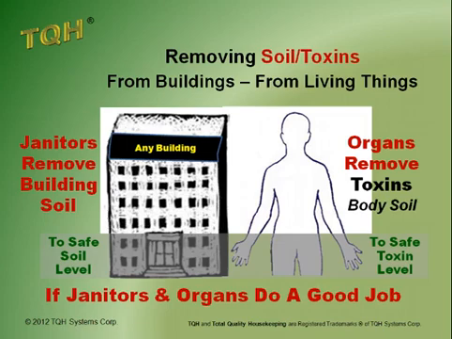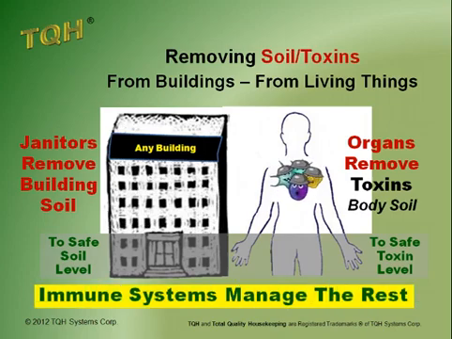If janitors and organs do a good job and don't worry about trying to kill every piece of germ and every piece of soil, the immune systems will be able to manage after the levels of soil are brought down to that manageable level. And that's done in a building with detergents that work in a high performance way, that work in cold water, that don't leave a film. Because if it leaves a film, in that film will be some soil.